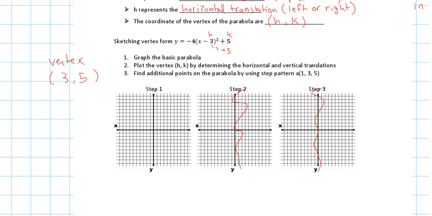Now, what is my original step pattern? What's my regular step pattern? Regular step pattern is 1, 3, 5, but remember that step pattern is always going to be affected by the A value. In this case, my A value is -4, so I'm going to have to multiply that step pattern by -4. So that would be -4, -12, and -20.